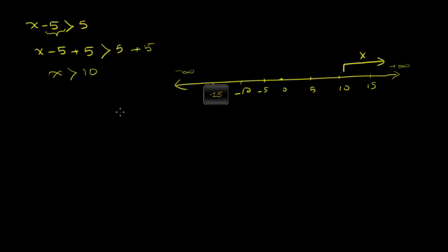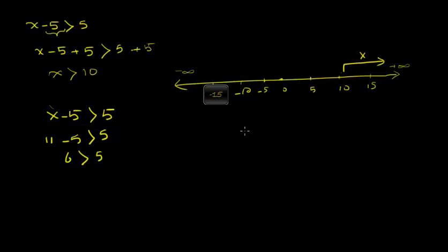Let's pick the number 11, x minus 5 greater than 5. We put 11 instead of x, so we'll have 11 minus 5 greater than 5. It will be 6 greater than 5.